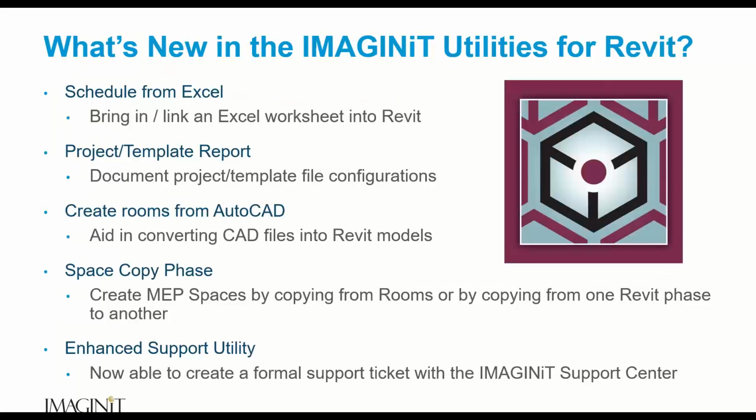That gets us to what's currently new in these utilities for Revit. In this new release for 2023, we've got an emphasis on trying to do more with the tools and the environment that you've got in Revit today. For some time now we've had the ability to take parameter information, put that into Excel, make changes in Excel, and suck those changes back into the Revit model.